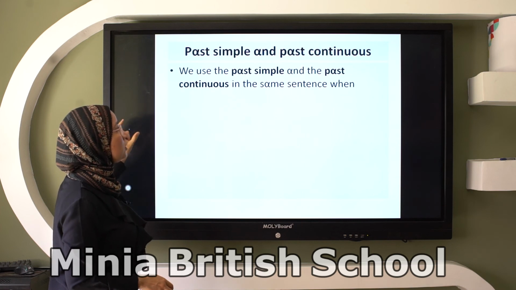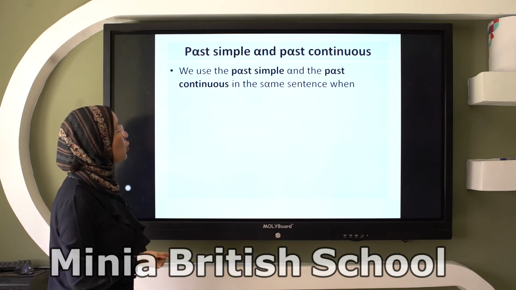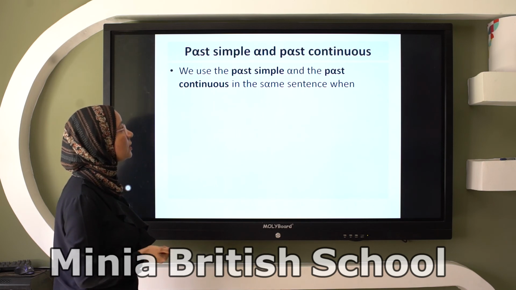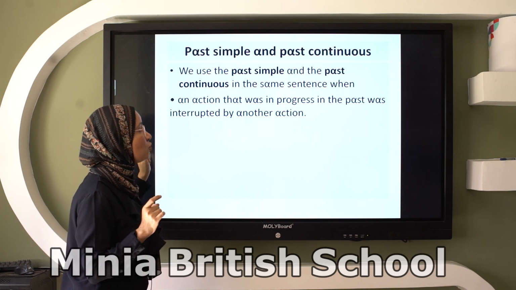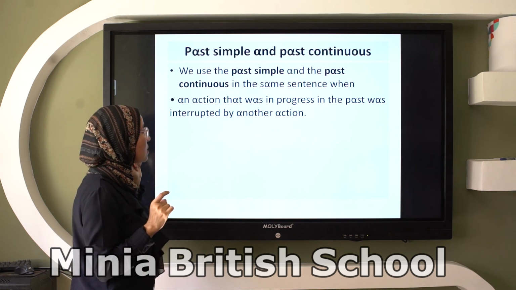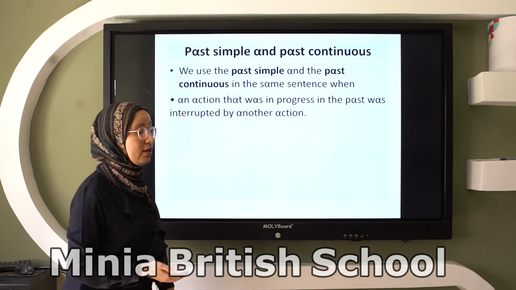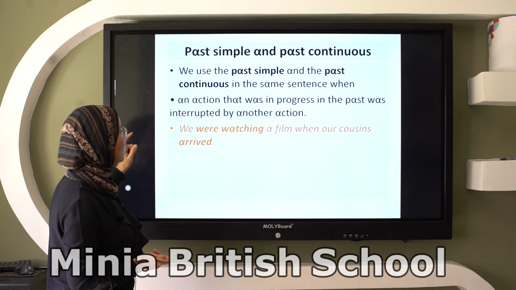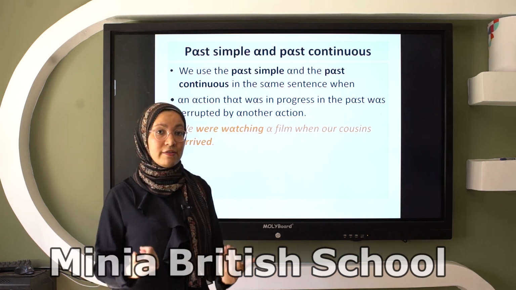Past simple and past continuous. Here is the point that we said we're going to take in detail. We use the past simple and the past continuous in the same sentence when an action that was in progress in the past was interrupted by another action, as I gave you in the example. We were watching a film when our cousins arrived.